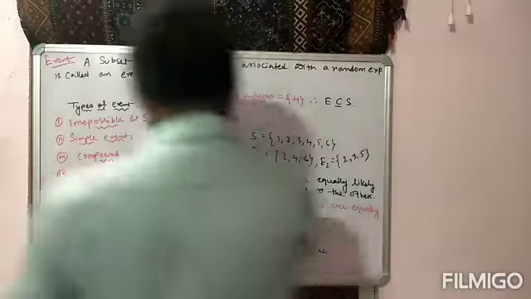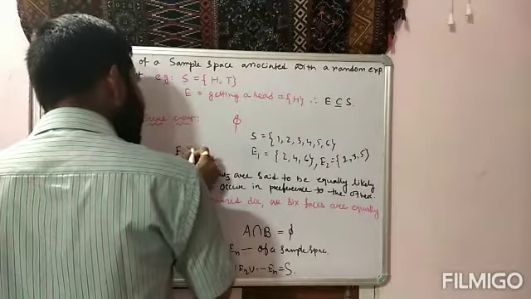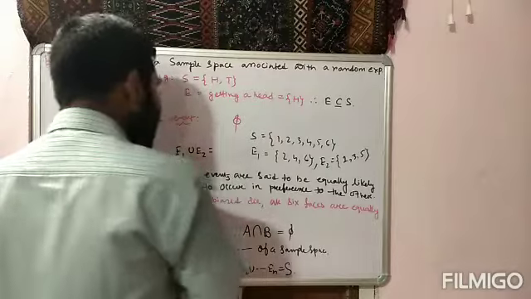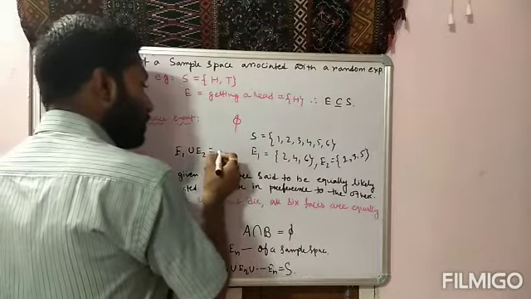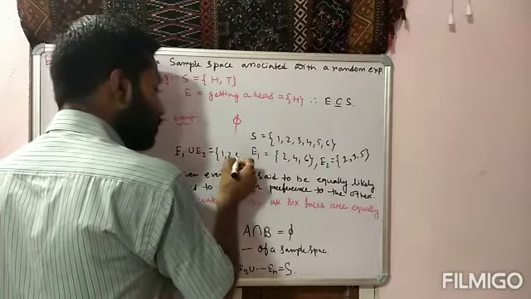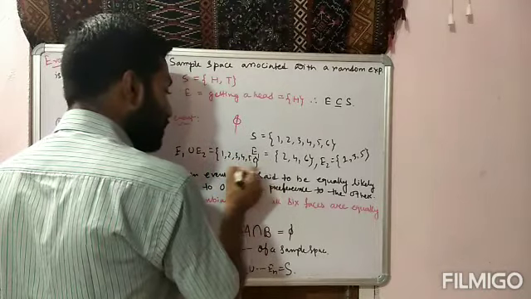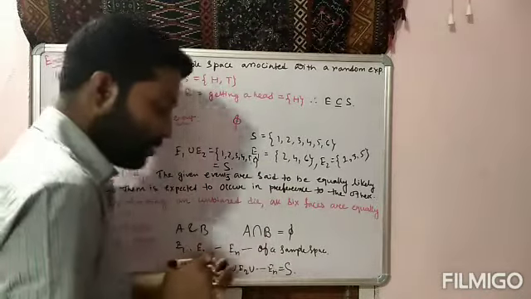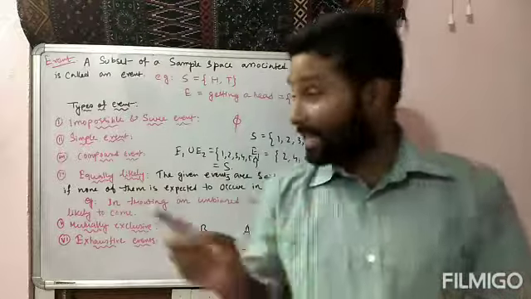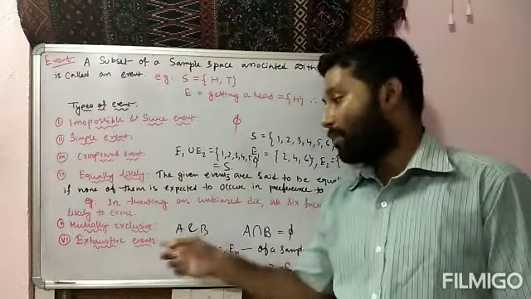Yes. So if I use union symbol, if you do E1 union E2, this will be what? 1 2 3 4 5 6 or not? So this is equal to sample space S or not? Okay, so this is an example of exhaustive event.